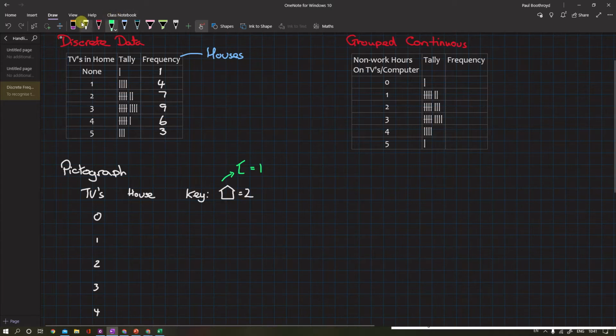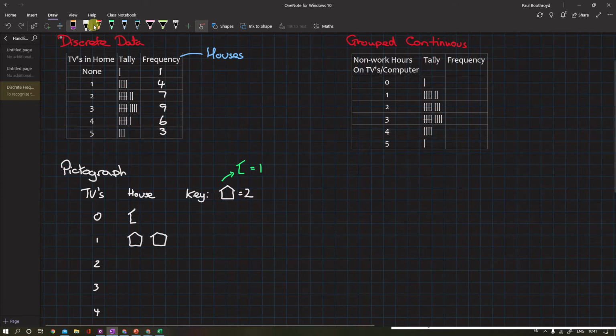So to start with, top line, we've got 1 house which has no television. We then have 4 houses representing 1 television with 1 television. So 4 houses is 2 pictures. Moving on, we then do the next one, which is 7.